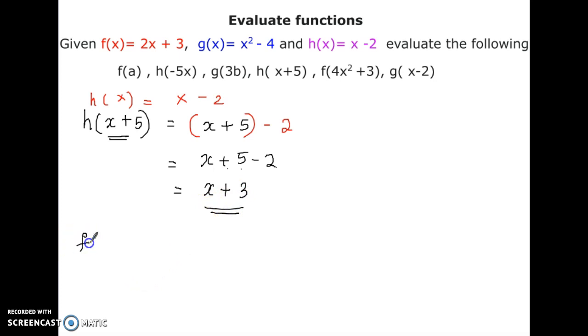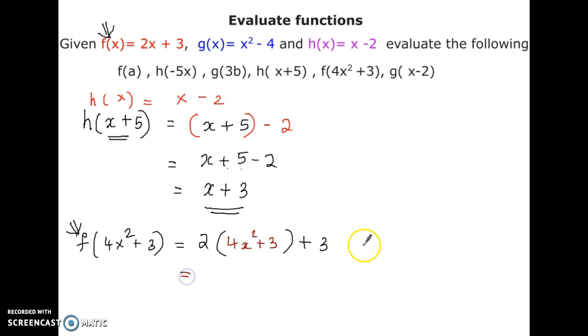Next question, f of 4x squared plus 3 in the rule for f. So we're looking at function rule f here. It says 2 times x plus 3. So our new x is nothing but 4x squared plus 3. It's an expression in itself.